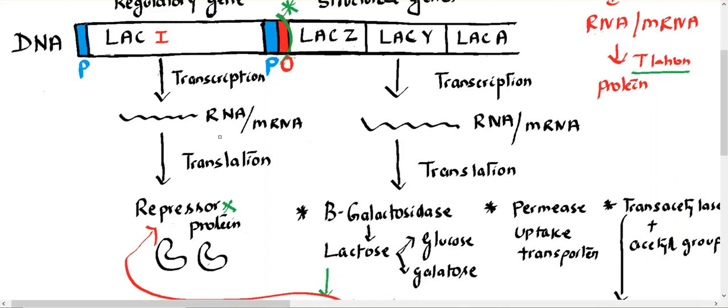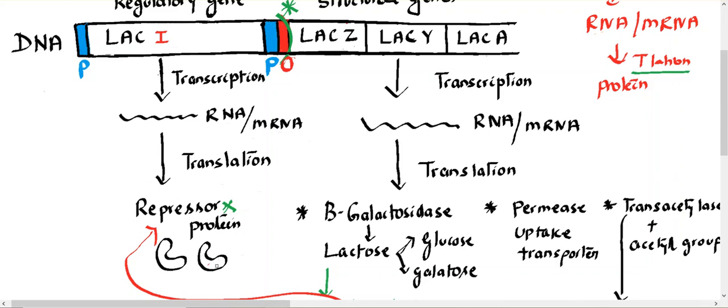And when the mRNA produces a repressor protein, that's called translation. So guys, you should remember the difference between transcription and translation. Transcription means when RNA or mRNA is formed from the DNA, and translation means when a protein is formed from the RNA.